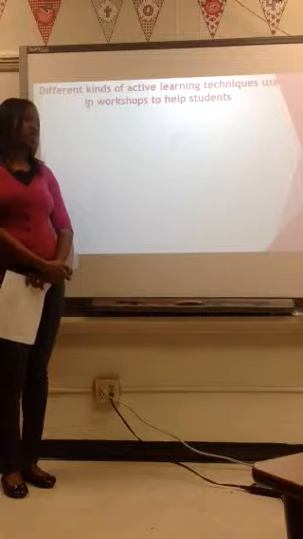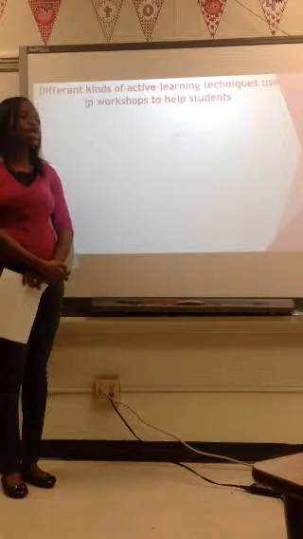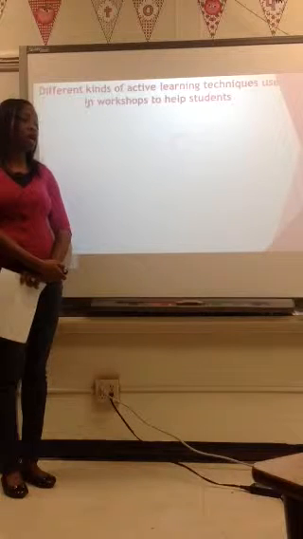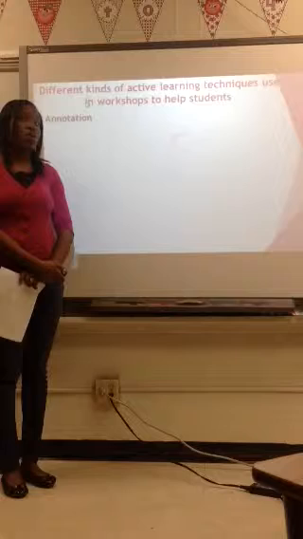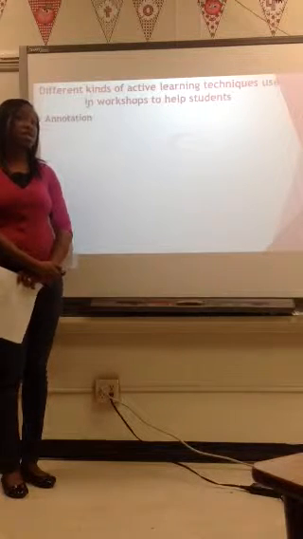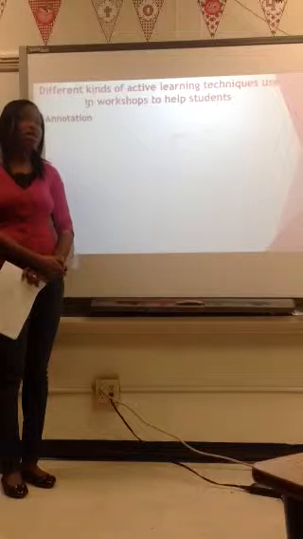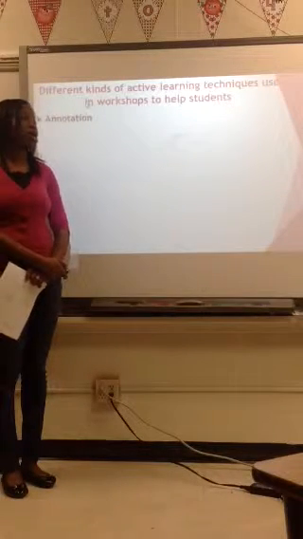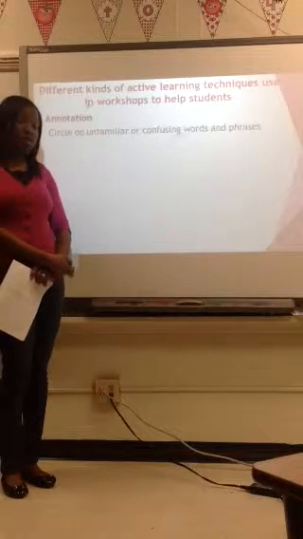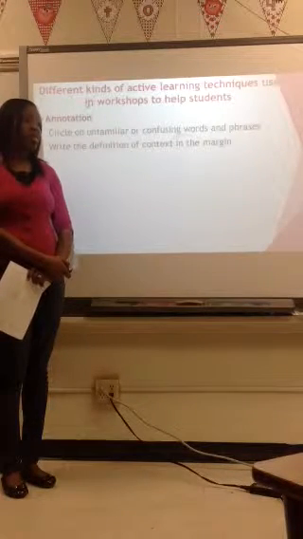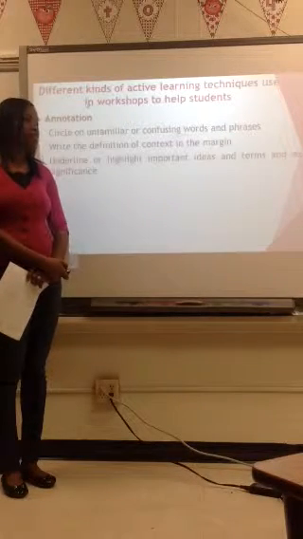Now we are going to see different kinds of active learning techniques used in workshops to help students. First, annotation. When we are doing annotation, we take a paragraph from the textbook and put a circle on unfamiliar words. Write the definition of context in the margin.